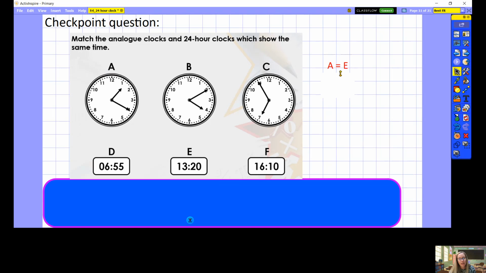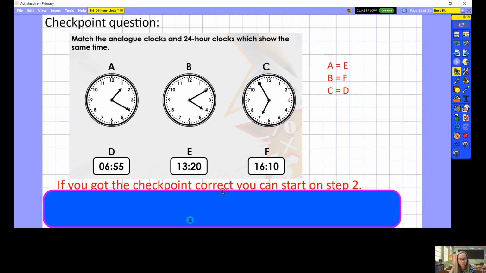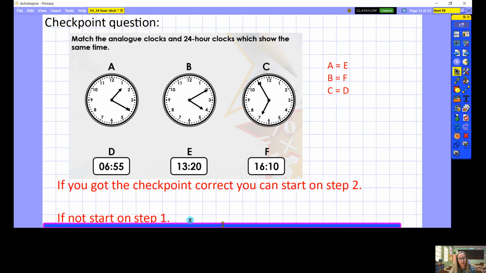So that time would be 16:10 on a digital clock. So B equals F. So 10 past 4 is the same as 16:10. And then C equals D. So 5 minutes to 7 is the same as 18:55.